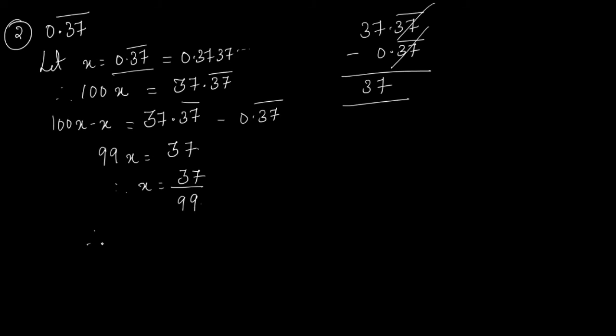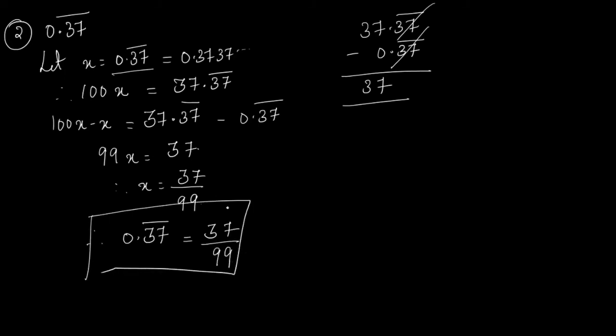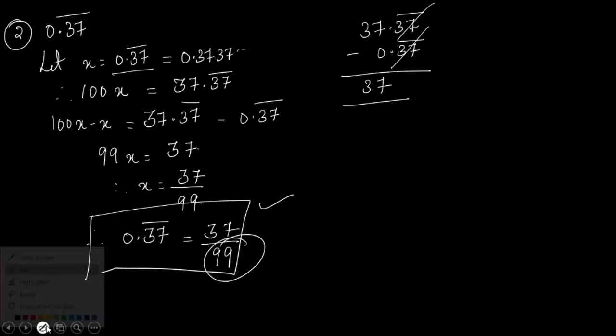So therefore, you can write 0.37 bar is equal to 37 by 99. You remember, children, I had just taught you all in the previous question that whenever you see 99, you understand that these two digits are going to be recurring. So see, it is proved over here. Okay, let's move on to the next sum.